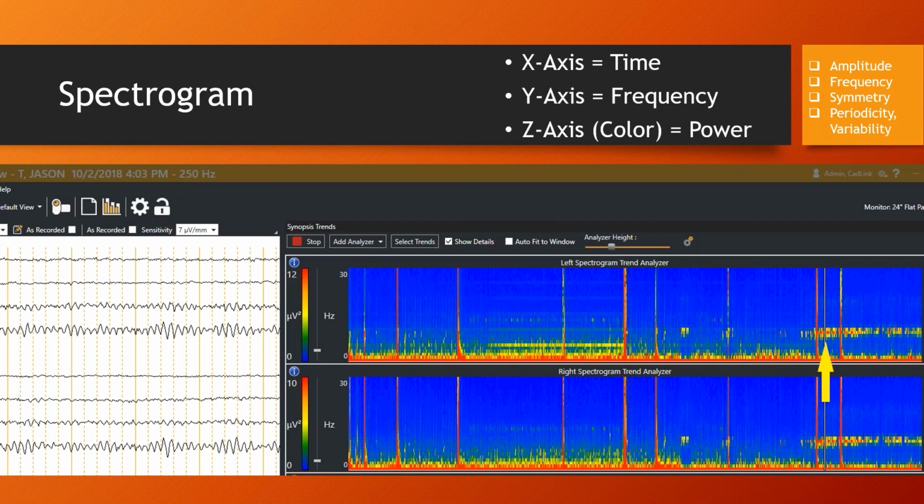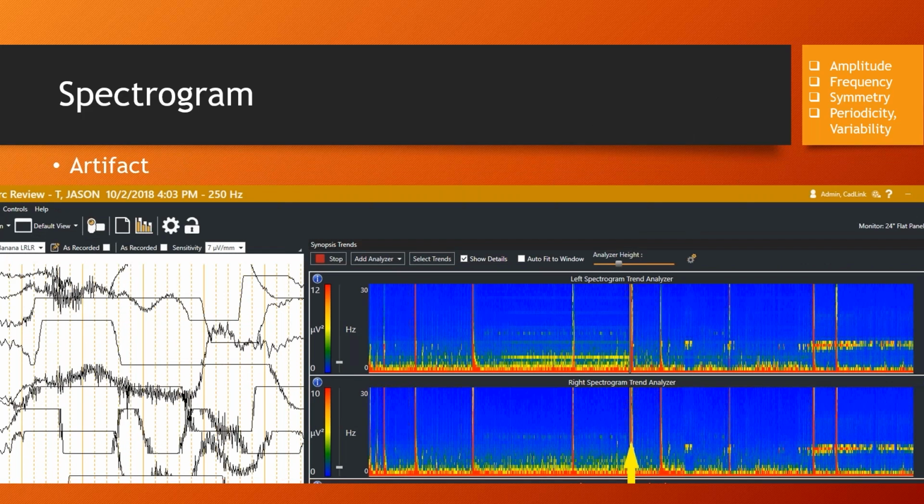Now, I'll talk about this one a little bit more when we talk about artifacts. You can see this kind of single color peak is pretty typical of an artifact in spectrogram. So you will quickly learn what to pay attention to and what to ignore.